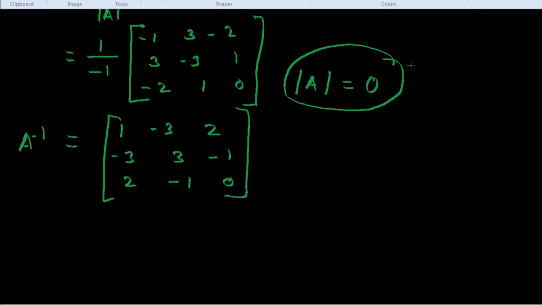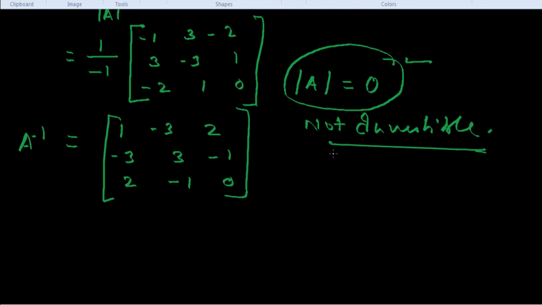We have to keep this in mind. If the determinant of A is 0, the value would be infinite, it is not defined, so we cannot get the inverse of a matrix whose determinant is 0. So in this way we can easily find it. Thank you.